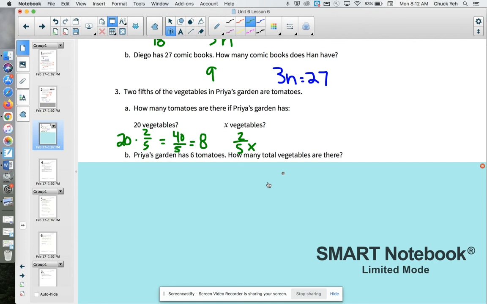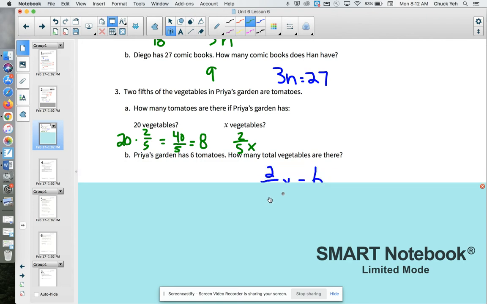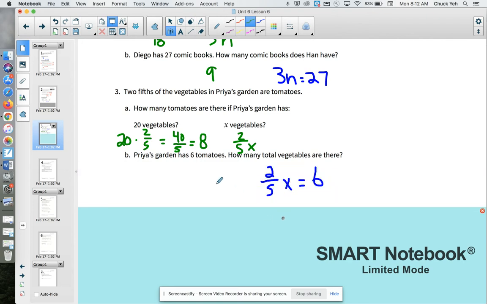All right. Priya's garden has 6 tomatoes. How many total vegetables are there? So we can do the opposite of that. We can do division. So then we can bring the 2/5 on this side, right?